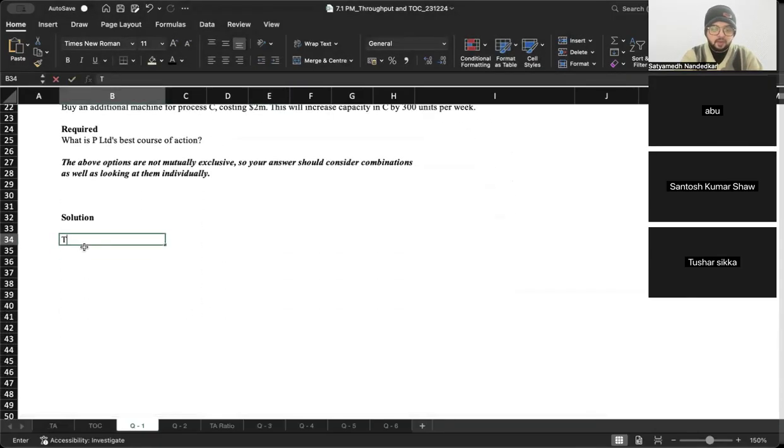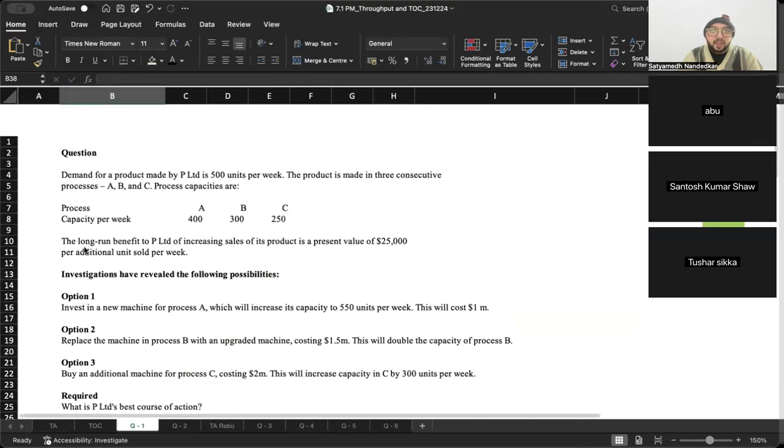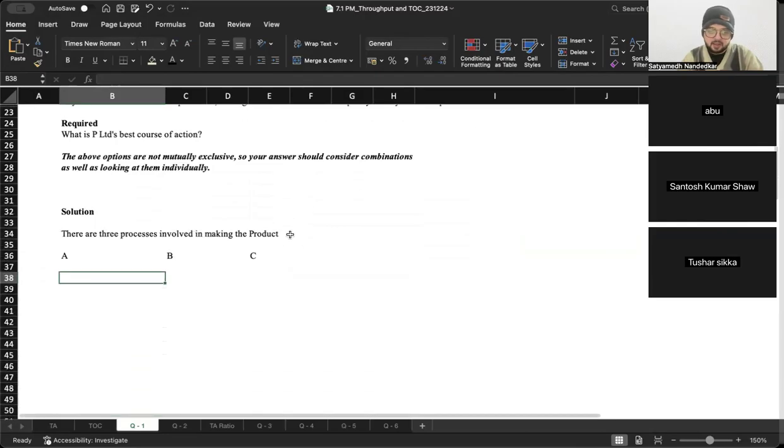Now, there are three processes involved in making the product: A, B, and C. There is A, there's B, there's C. They are three consecutive processes, which means they are one after the other.